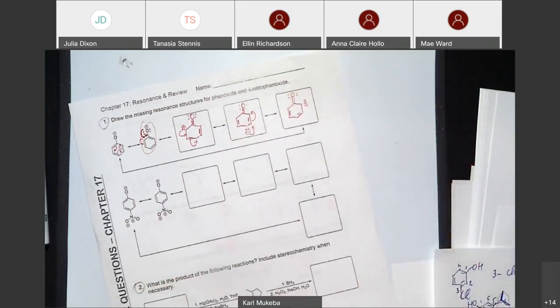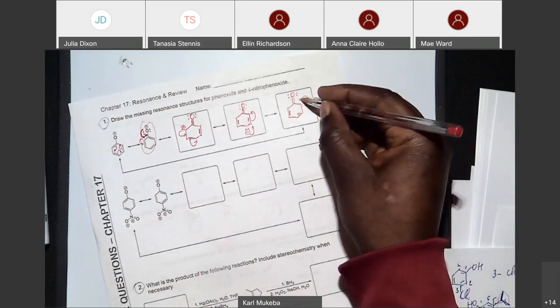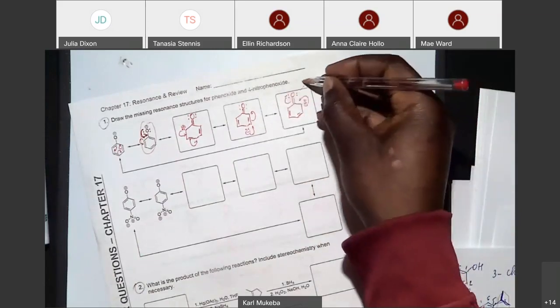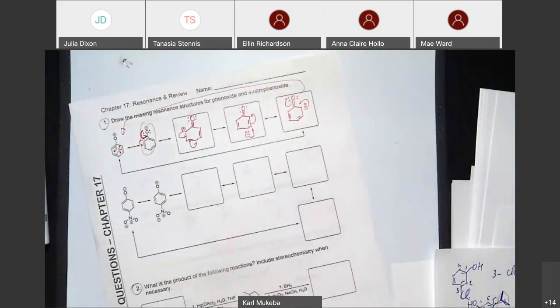Does that make sense, guys? And if you move this one around, we come back to our first structure. It's just the way you move your electron around.